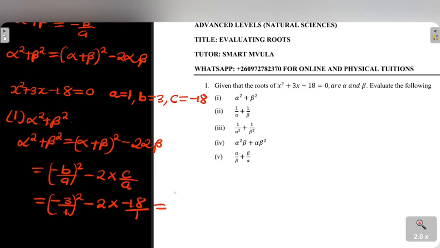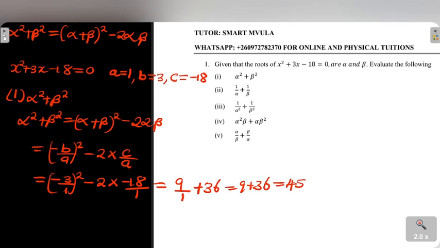So this will give us negative 3 squared, which is positive 9, over 1 squared, which is 1, minus negative 2 times negative 18, which gives us a positive 36. So we just have 9 plus 36. Remember, here we don't use a calculator. When we add 9 plus 36, this will give us 45. That becomes the answer for the first part.